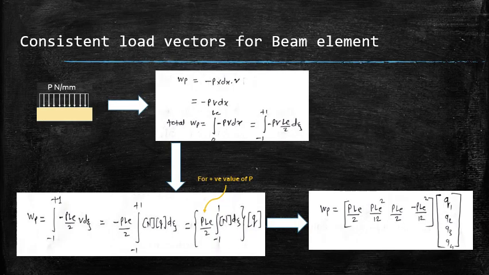Let us try to formulate consistent load vectors for a beam. Now consider a very small portion of a beam which is subjected to a uniformly distributed load of intensity P Newton per mm. This is not the complete beam element, but rather a very small portion of one single beam element.